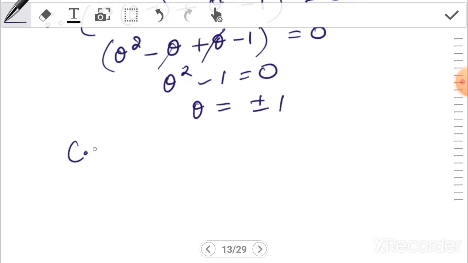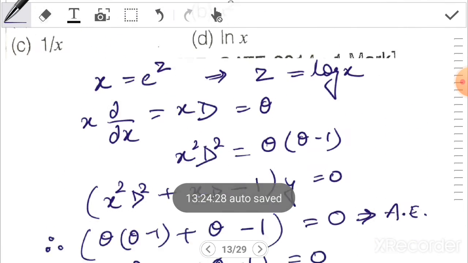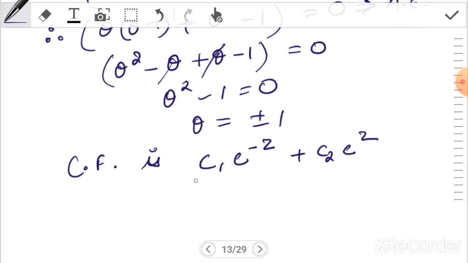Then the complementary function is c1 e power minus z plus c2 e power z. Now we had put e power z as x, replacing, c1 x power minus 1 plus c2 x.